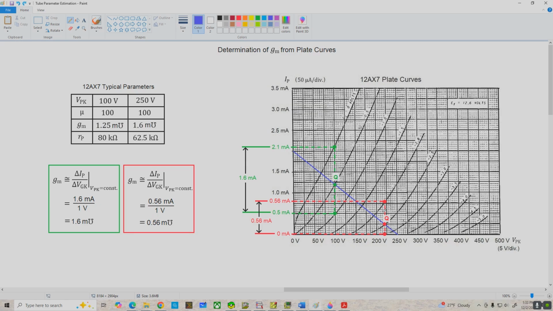We're going from negative 2 to negative 3 volts, and that corresponds to a plate current change from 0.56 milliamps down to 0 milliamps. So we've got a 0.56 milliamp delta IP. And our corresponding transconductance then is 0.56 milliamps delta IP divided by 1 volt delta VGK, which is 0.56 millimhos.